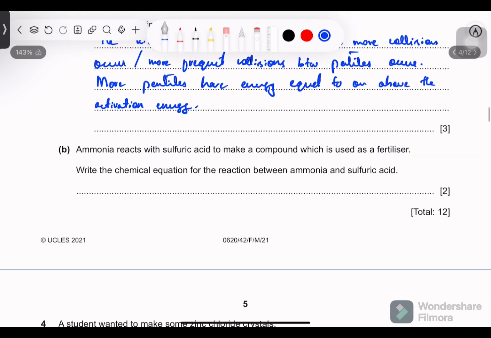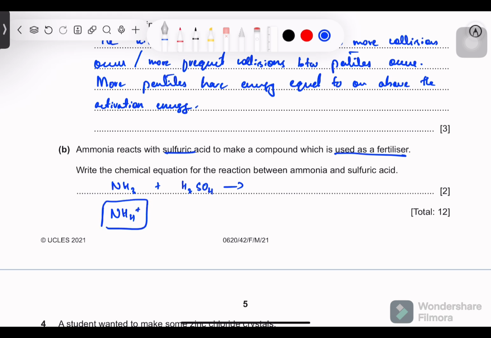Ammonia reacts with sulfuric acid to make a compound which is used as a fertilizer. Write the chemical equation between ammonia and sulfuric acid. So ammonia is NH3 plus sulfuric acid. Now the ion which forms from ammonia is NH4+, the positive cation. So this positive ion will react with the negative sulfate ion, which will give us NH4SO4.